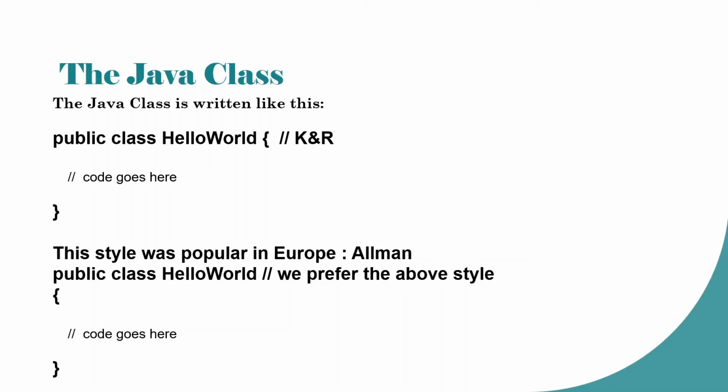Over the years, there have been different styles for writing code. I give this to you now because one day you will open code that was written by a developer in the UK or in Europe, and you will notice they use what they call the Allman style, and it will have curly braces on the side.